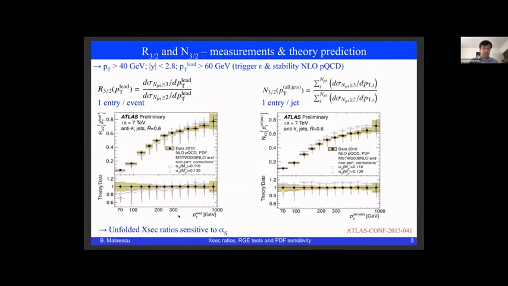And you have a second quantity called N32, where the difference is that there is one entry filled for each jet. So it is the same kind of 3-jet to 2-jet ratio, but with one entry per jet. Here also you see the measurement and the two predictions for two different alpha S values, and you see that this one has even stronger sensitivity to alpha strong.